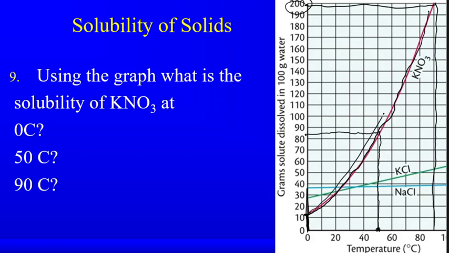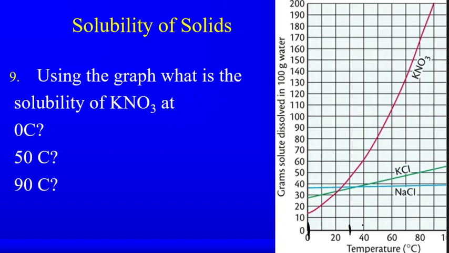Notice that for potassium nitrate, it really goes crazy. Potassium chloride, it goes pretty high. Sodium chloride, though, check out sodium chloride. Very interesting. On the Earth, water does not get colder than 0, and it doesn't get colder than 30.